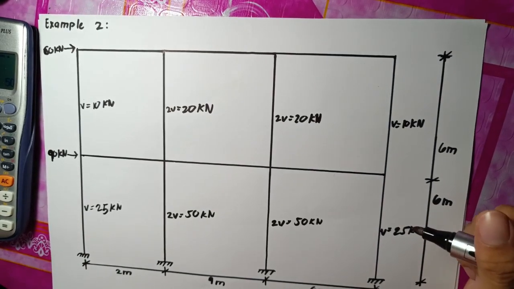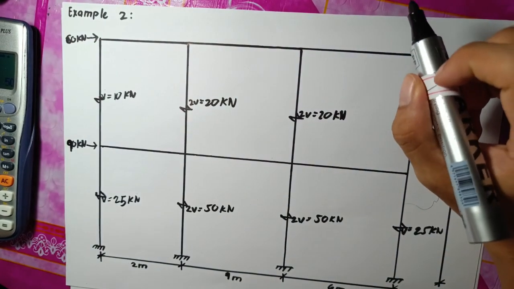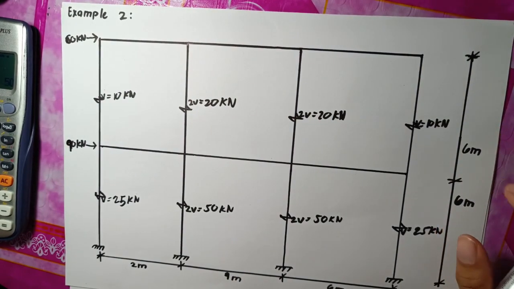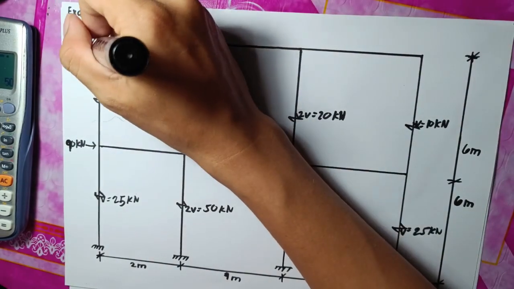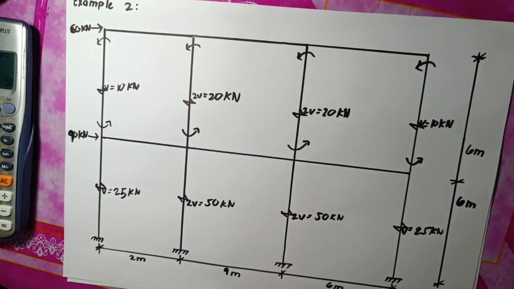So let's proceed to the next step, which is step number 2, column moment. We must put counterclockwise in each column.